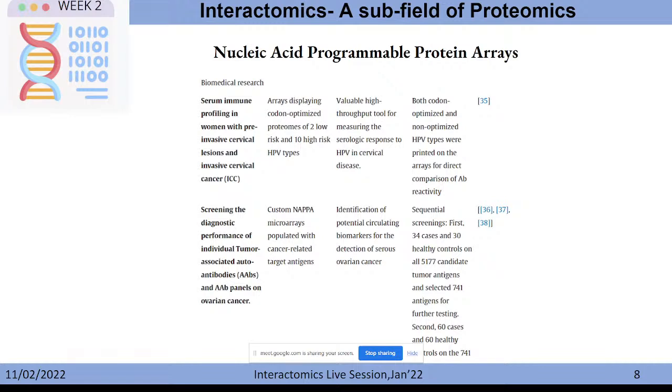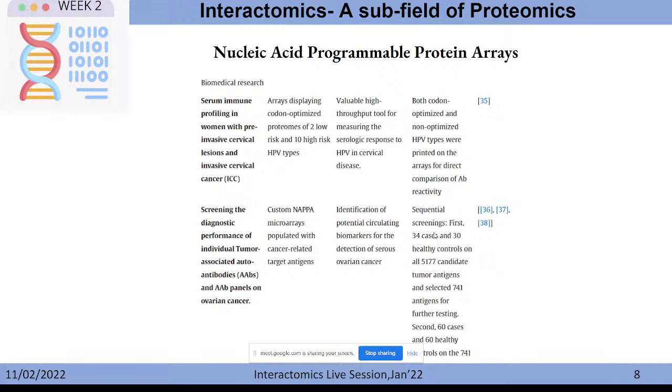Similarly, in different tumors, it has been found that some of the body's own proteins turn into antigens, and autoantibodies get generated against those proteins. So custom microarrays populated with cancer related target antigens can be made, and then you can identify the different potential circulating biomarkers. So you can easily detect this through these arrays.